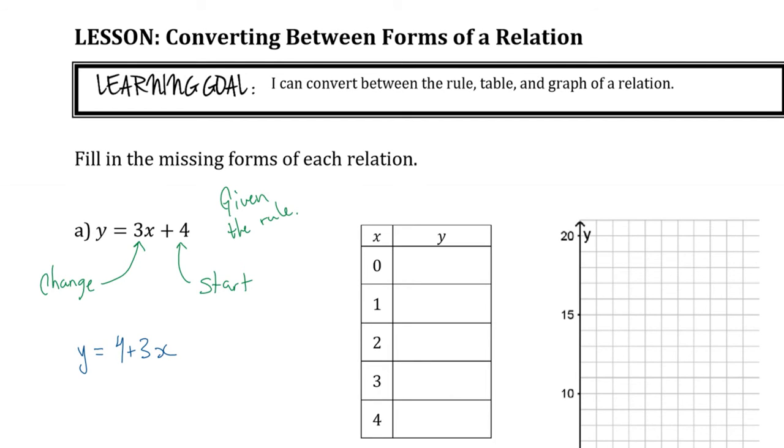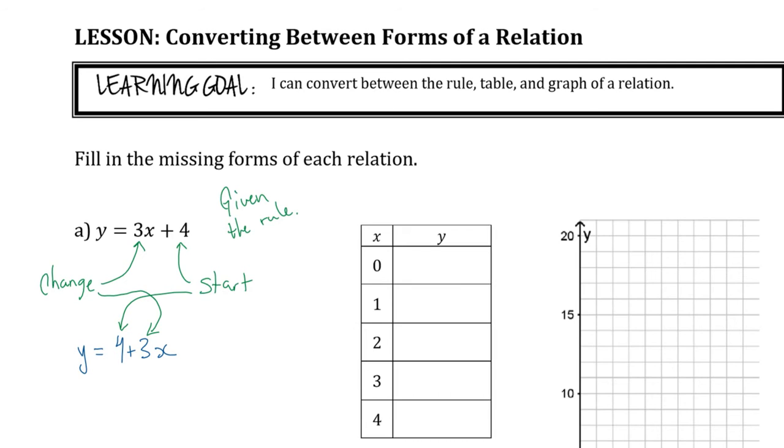So this is written backwards compared to the first one, but it means the same thing. And the start is still the 4, and the change is still the 3. So it doesn't matter what order they're in. What matters is which one is beside the x and which one is not beside the x. That's how we determine what the change is compared to what the start is.